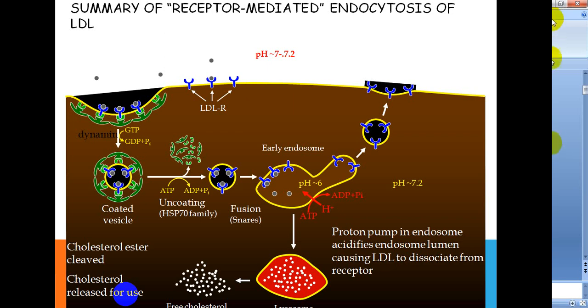These receptors, which are transmembrane proteins, cluster in regions of the plasma membrane known as coated pits, and when the receptors are bound on the surface by the specific target molecules, endocytosis is triggered and the receptors and their attached molecules are taken into the cell in a vesicle, and these vesicles are coated by certain proteins.